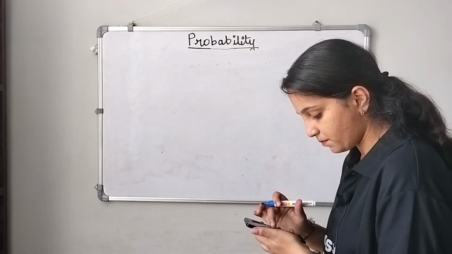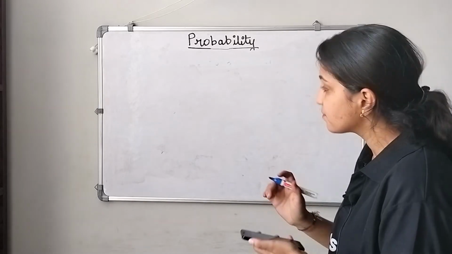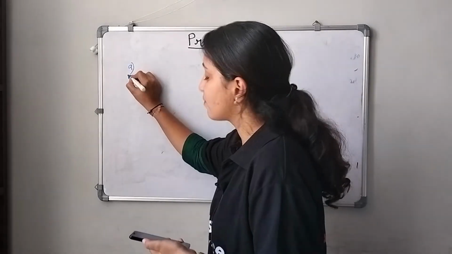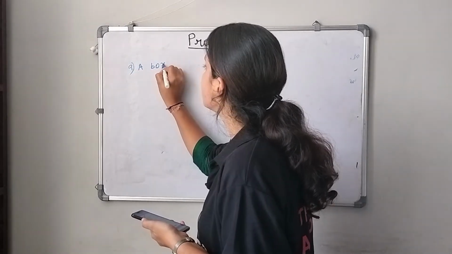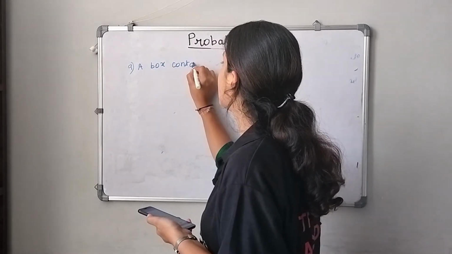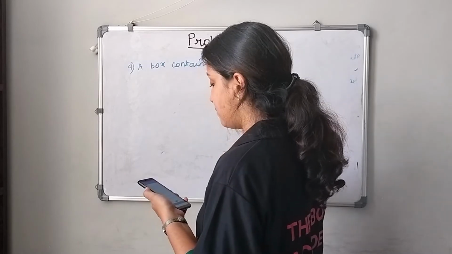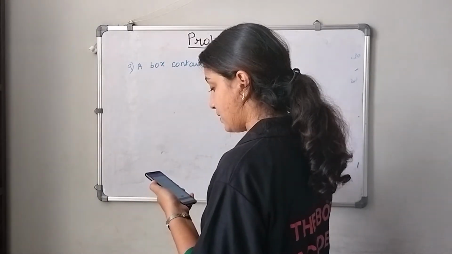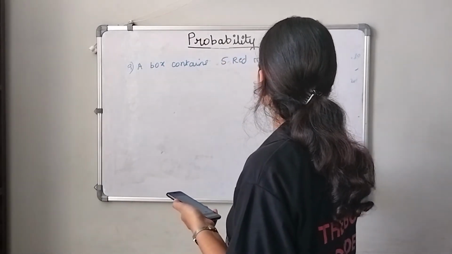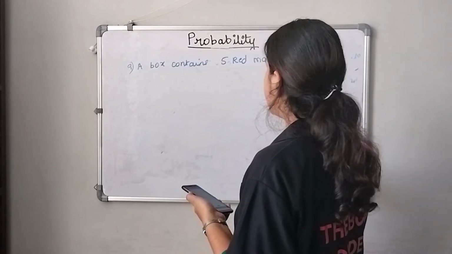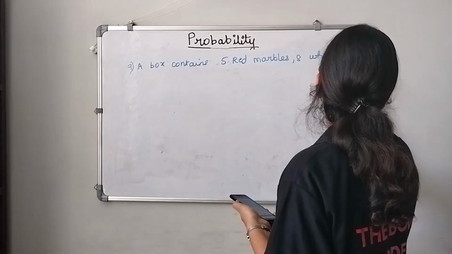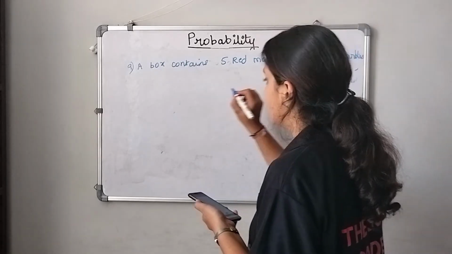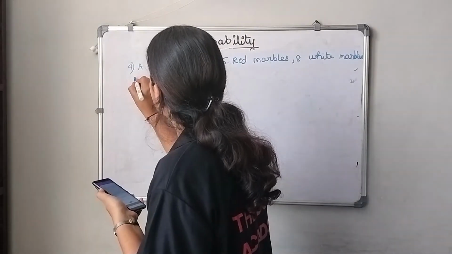Ninth question. A box contains 5 red marbles, 8 white marbles, and 4 green marbles.